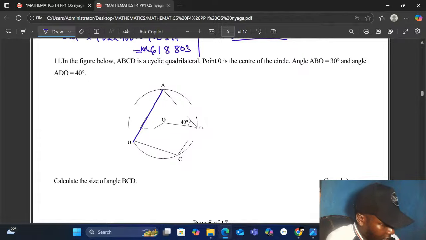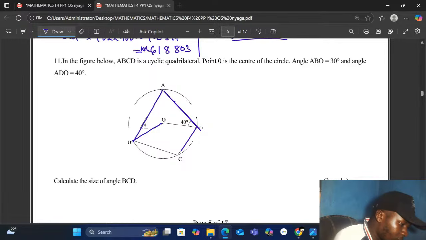And then we have that way. And then we have that. Here we have 30 degrees.